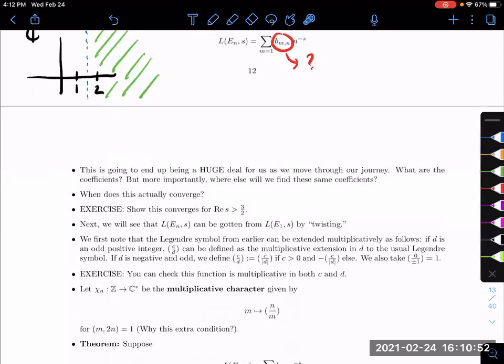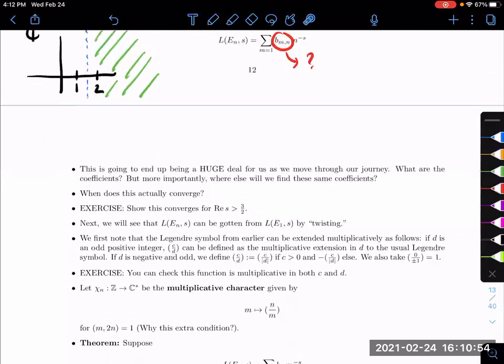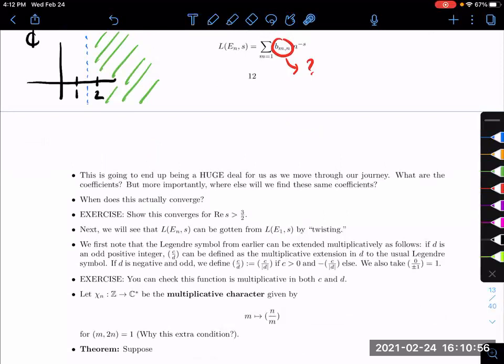Before I state the result, I need to tell you something though. So recall last time we defined the Legendre symbol, and it was defined more or less in the following way. (a/p) is how it's written, and it's 1 if a is a square mod p and -1 otherwise. But the thing was, in our original definition, p had to be a prime.